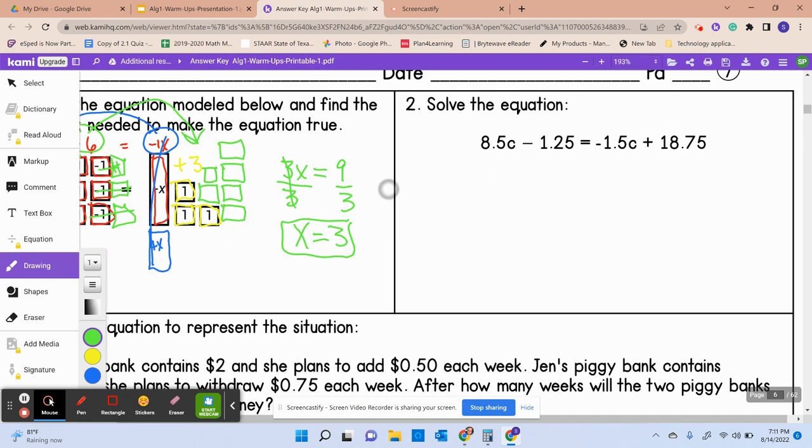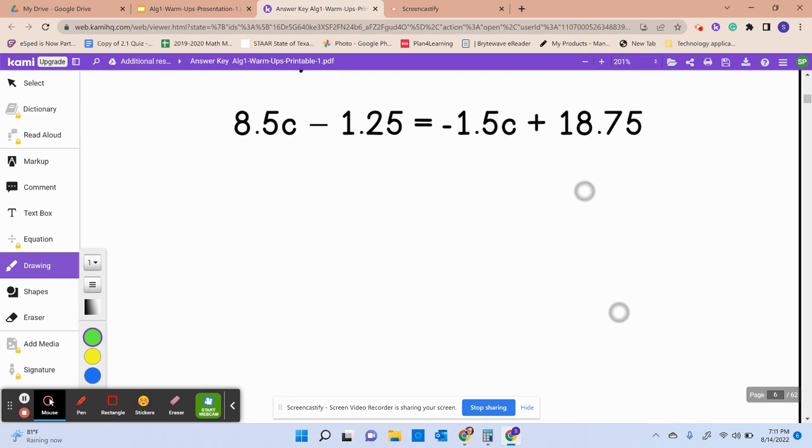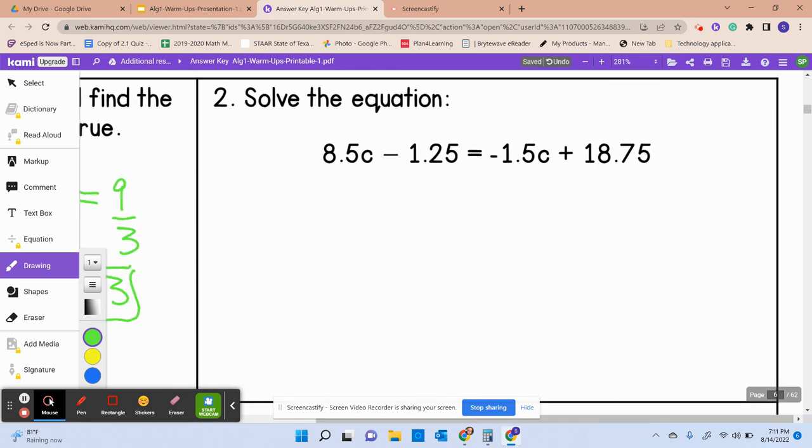Let's go ahead and solve number 2. To solve number 2, we're going to do the same thing, where you have to look for to match like terms, the c and the c. So we're going to move the c to the left side with the other c. To do so, you would need to go with the opposite sign or the inverse sign.